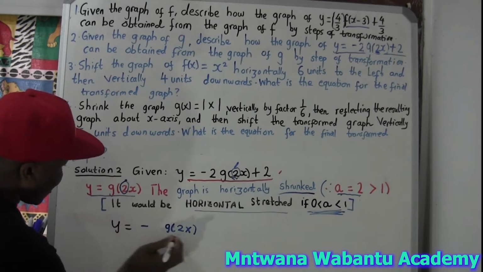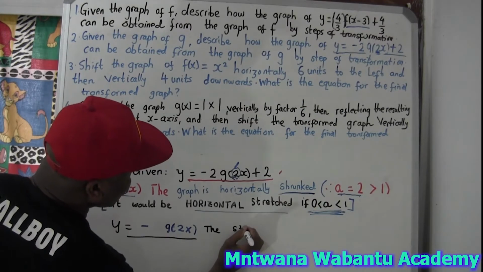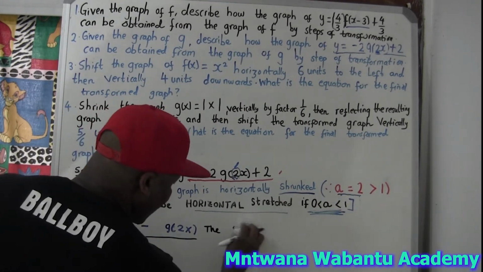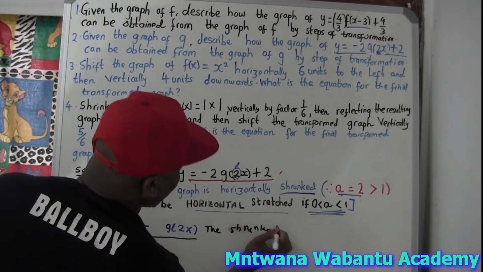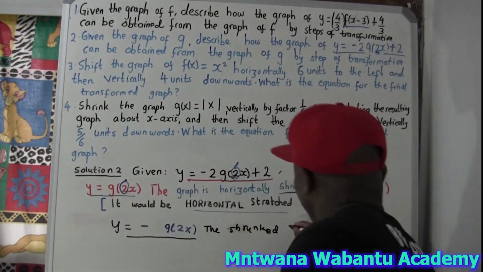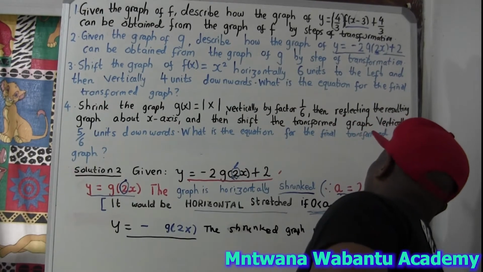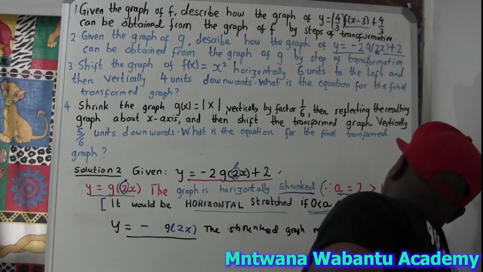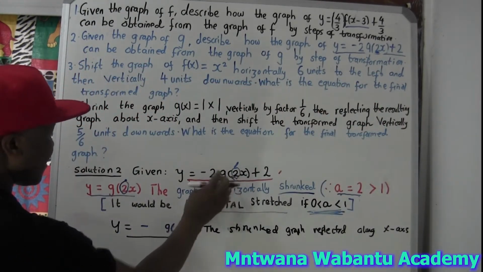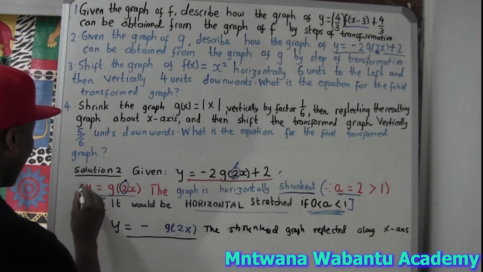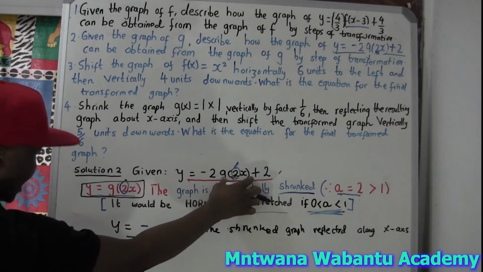So you say y now equal to this: the shrunken graph is reflected along the x-axis. Because now it was positive, but from here it must have a negative.